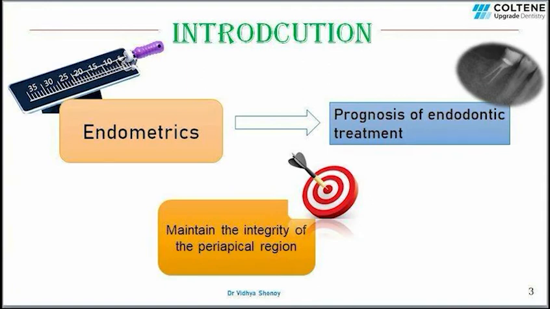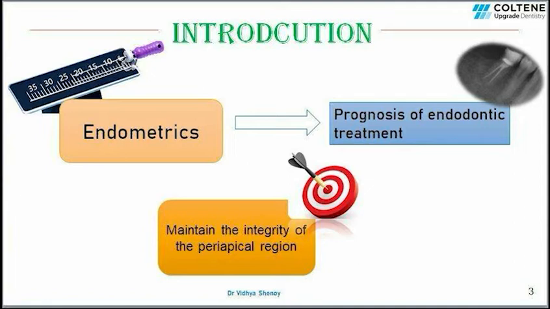Endometrics is the science of determining working length in endodontics. We know that working length is the distance from a coronal reference point to a point at which the canal preparation and obturation should terminate. So this factor is very critical in determining the prognosis of an endodontically treated tooth. While doing a root canal treatment, what we concentrate on mainly is to properly clean and shape the root canal system.